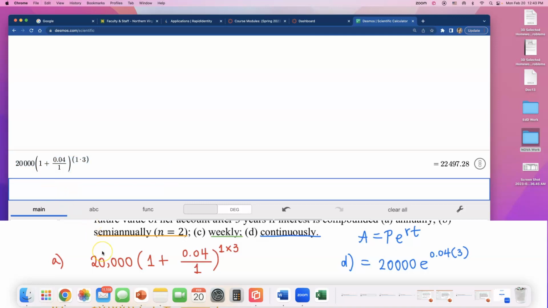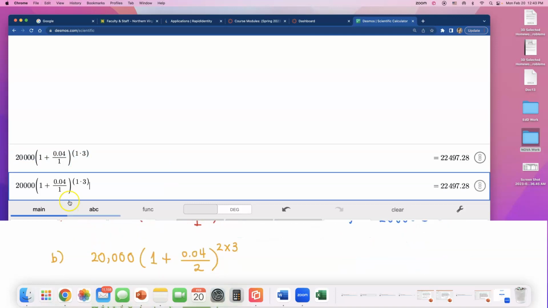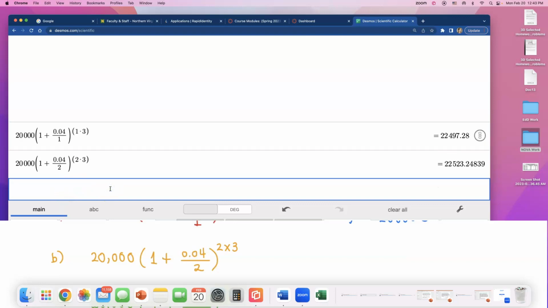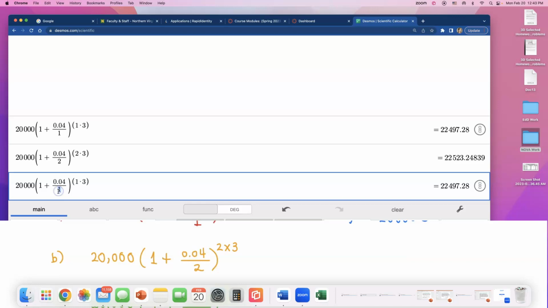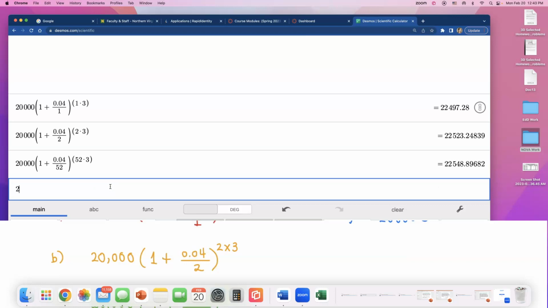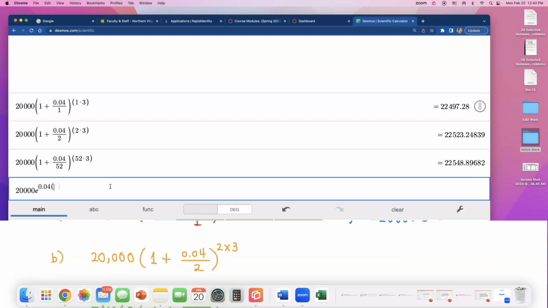The second one, I need to divide by 2 for the semi-annual. So that's the answer for number 2. Part C, we're finding weekly. So that's the answer. And the last one, 20,000 times e raised to the 0.04 times 3. So there's your answer for the last one.